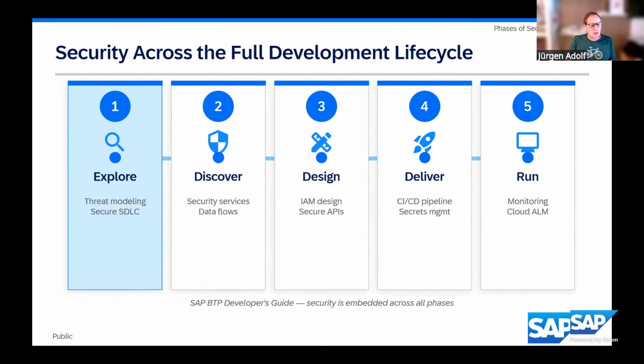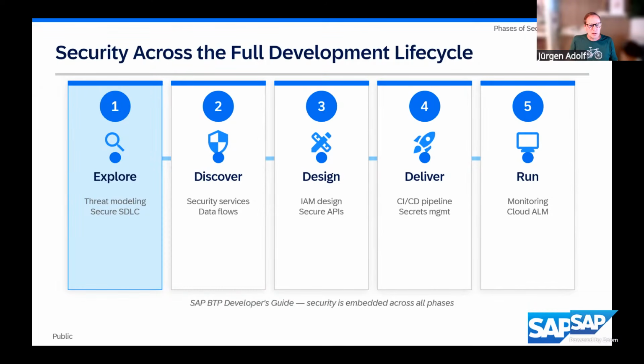In explore, you establish threat modeling and your secure software development lifecycle. In discover, you map security services and data flows. In design, you define identity and access management, API security, and architecture patterns.